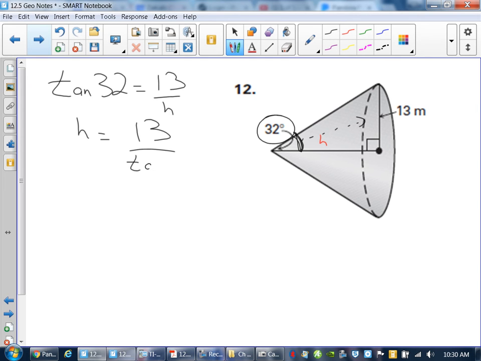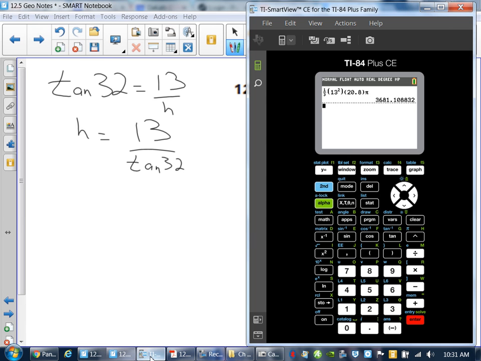Okay? And then you press some buttons in your calculator. So this gives us 13 divided by tangent 32, 20.80. That's my vertical height then, 20.8.